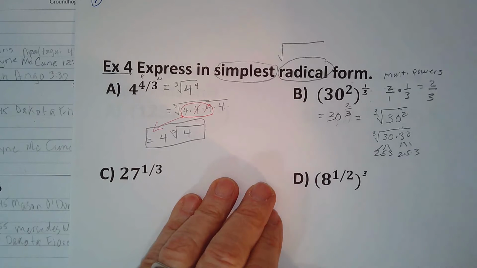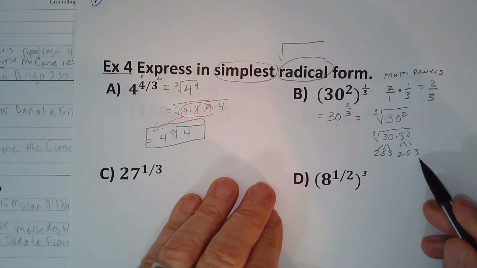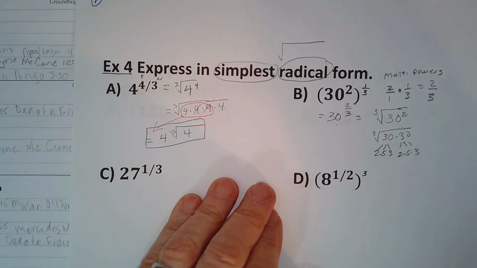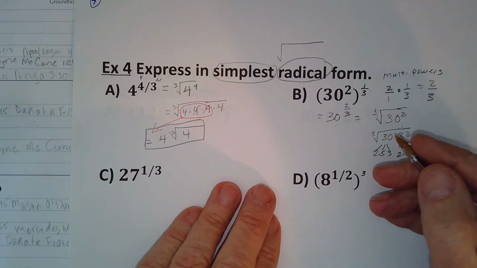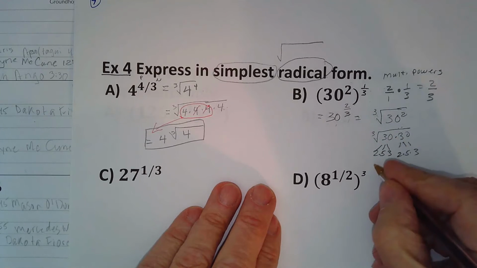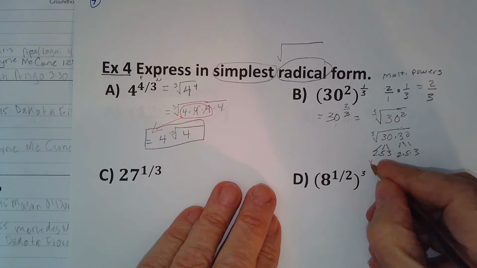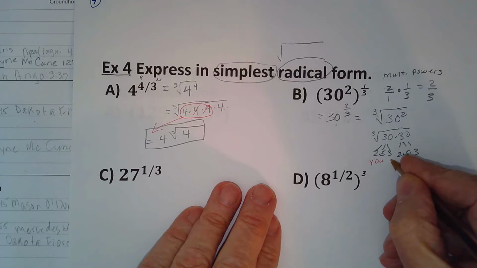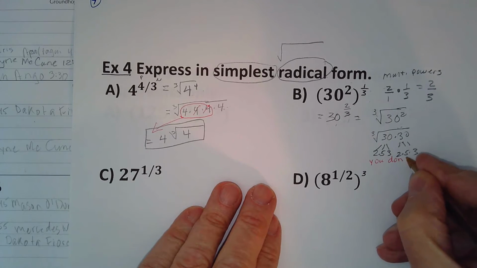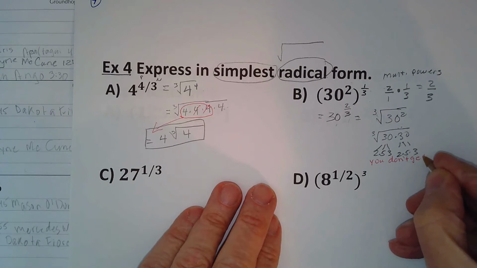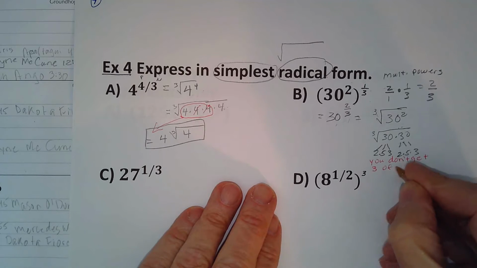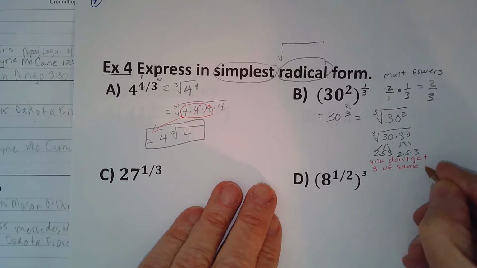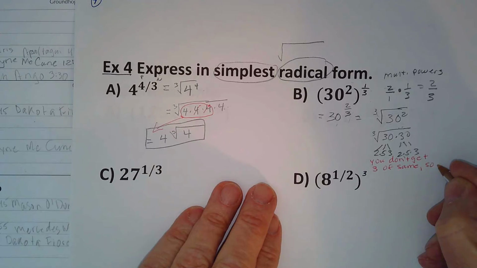But you'll notice there are no groups of 3 in this. There's two 2s, two 5s, two 3s. So we don't have the right combination. So you don't get 3 inside, so you can't simplify.